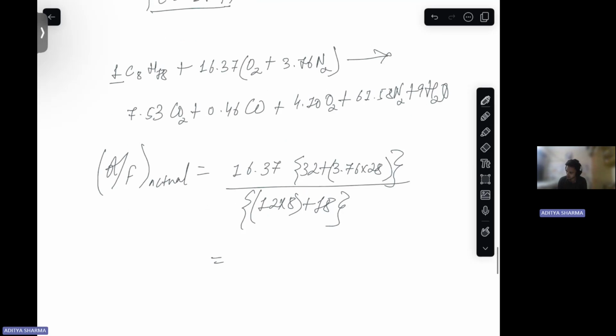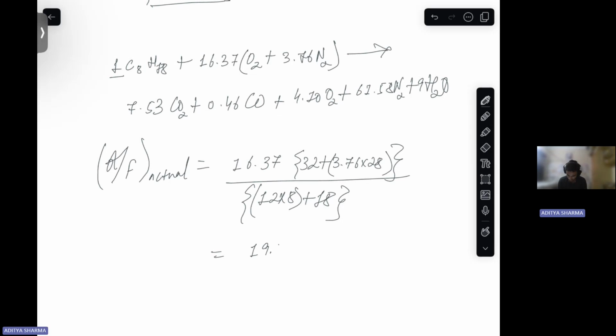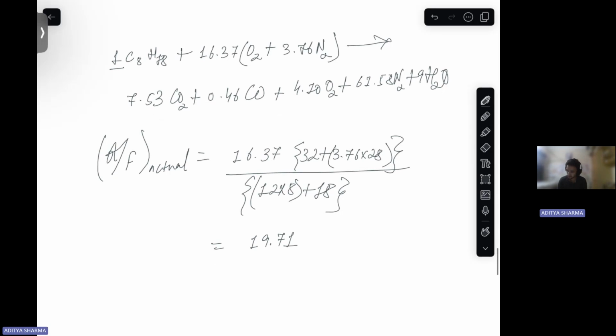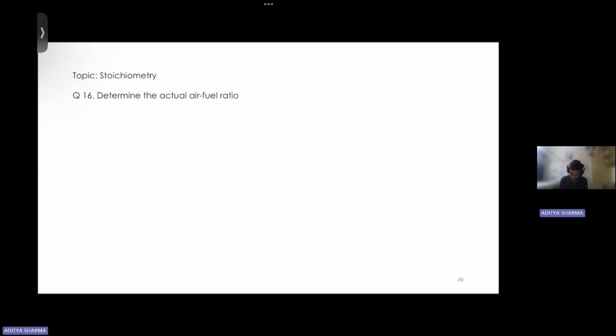So if we solve this, this will come out to be 19.7. Okay. So this is your question number 16, actual air fuel ratio. Right.